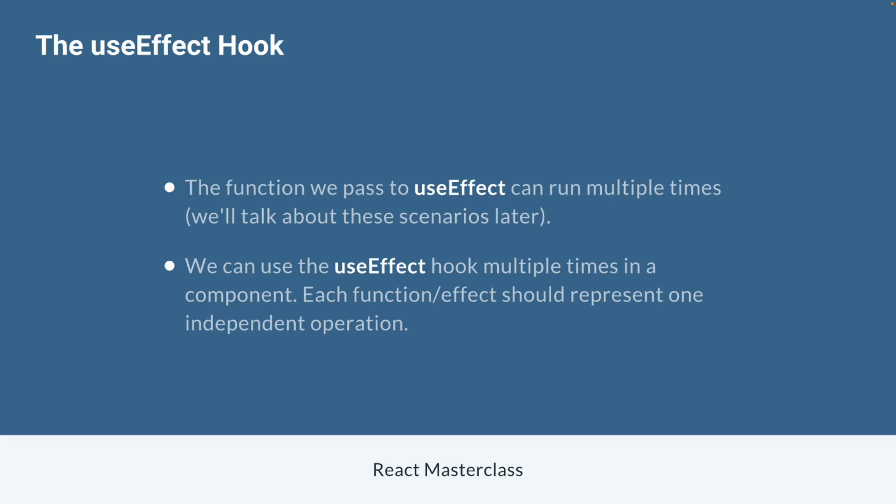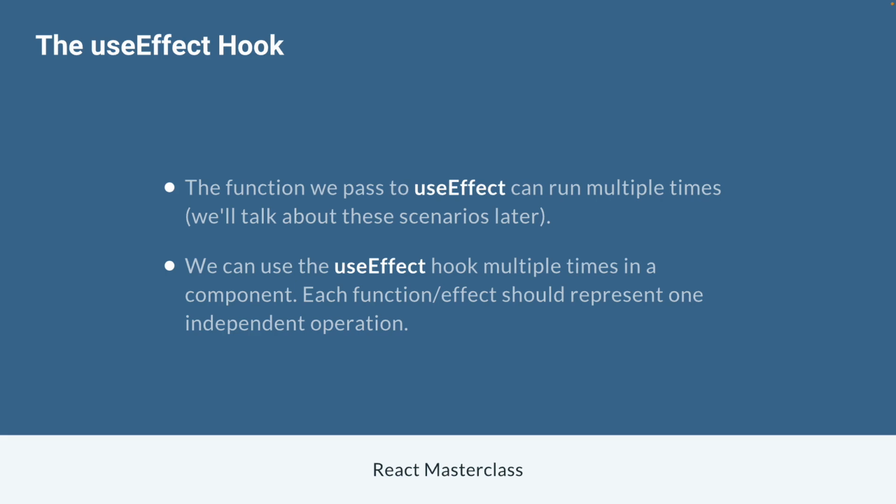And the way that we're going to customize when it runs is by providing some additional arguments after the initial function, that is the first argument that specifies what should happen, right? So once again, we pass the function and that tells React that it's going to run it at least once after the initial component render, and then we customize whether we want it to run additional times afterwards. And don't worry, we're going to talk about all of those scenarios step by step and the specific problems that they are intended to solve, all right?